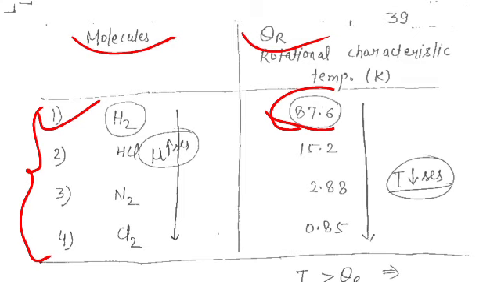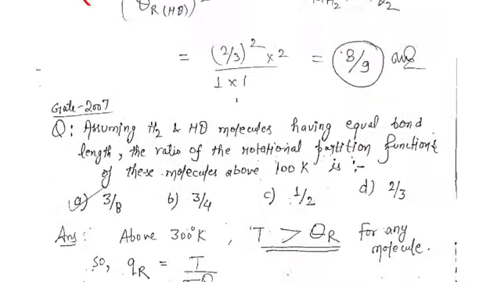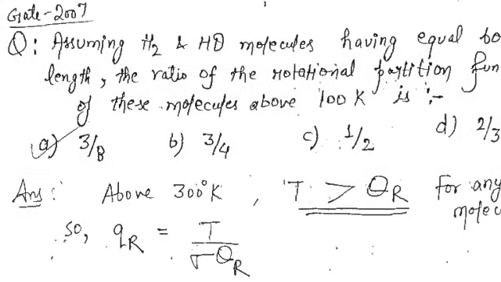If the temperature is greater than 87.6 Kelvin, then the partition function of the molecules will have this formula: QR equals T upon sigma theta r. This will be the expression you will use. Alright, have you got it? I am assuming that you people got it.